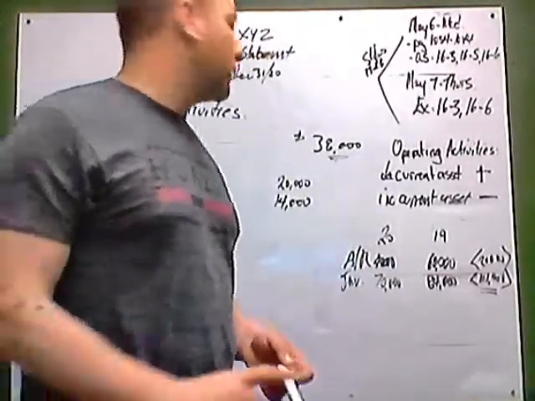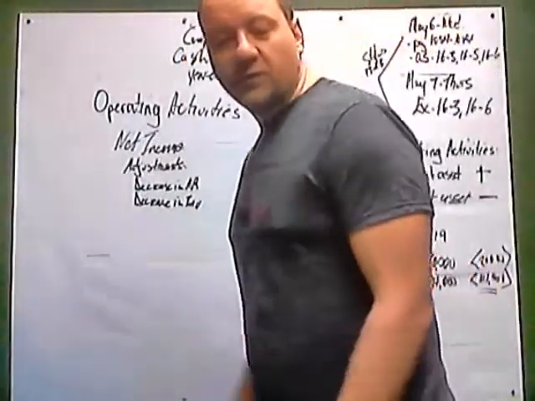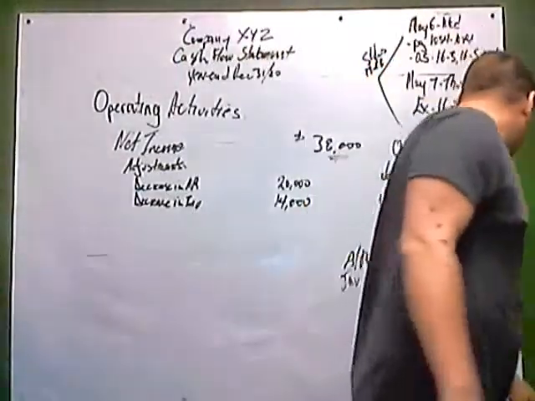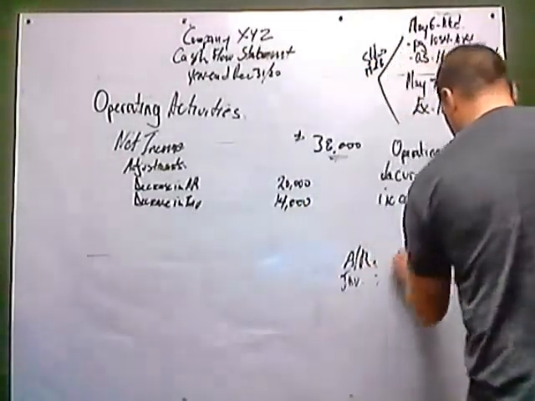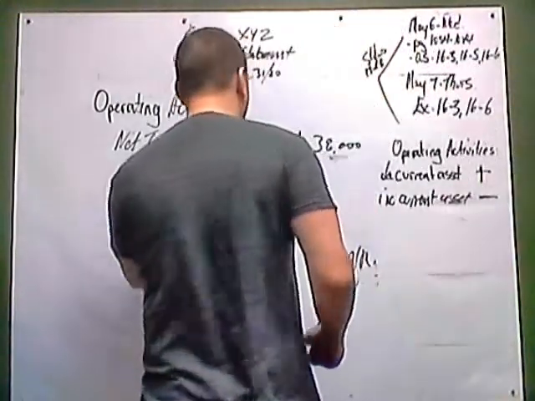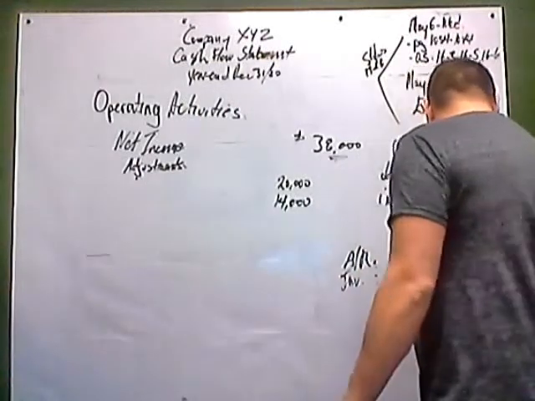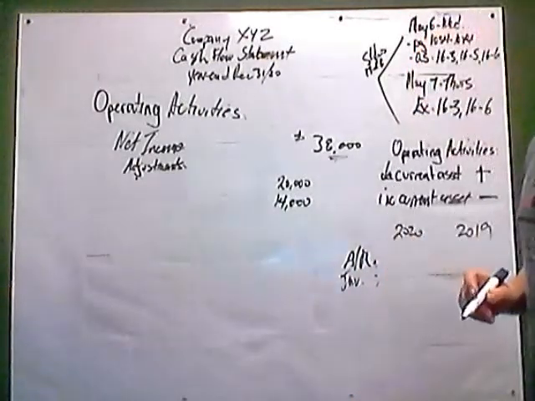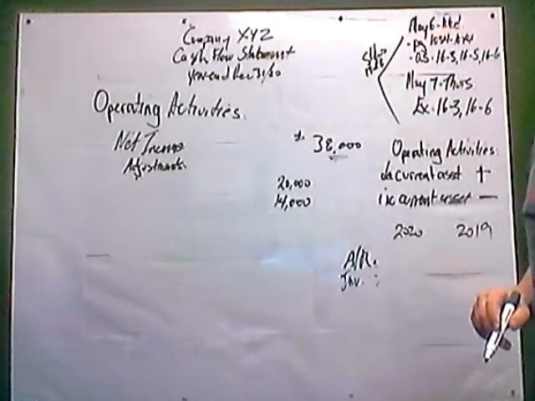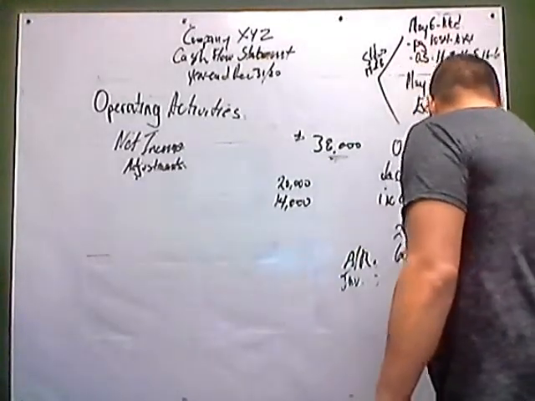I just read this wrong. Notice in the textbook, why did I read this wrong? Because these numbers are reversed. They're actually increases. So 2020 and 2019. 2020 was 60,000, 40.